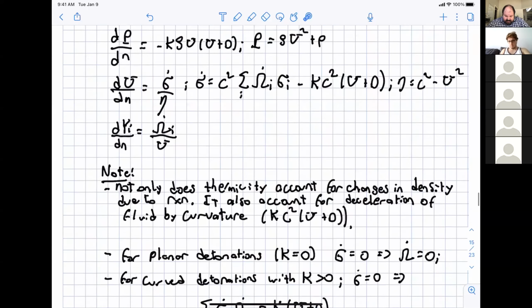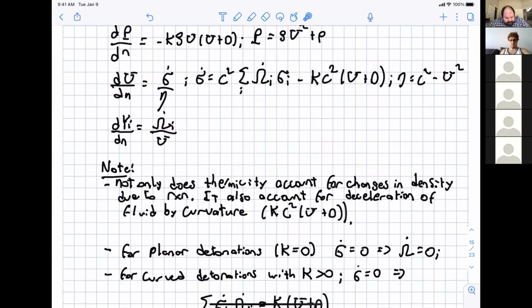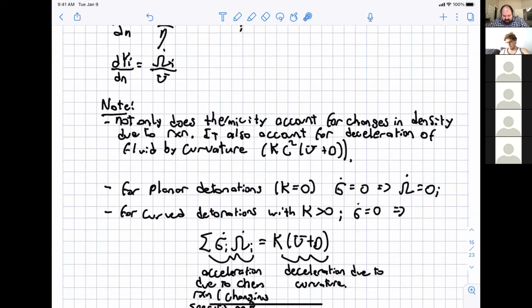Again, as I said before, not only does thermicity account for changes in density and flow acceleration due to the chemical reaction, through the chemical reaction portion of the thermicity, it also accounts for deceleration of the fluid by curvature, and that's through this term here in the thermicity. For planar detonations, kappa is equal to 0.